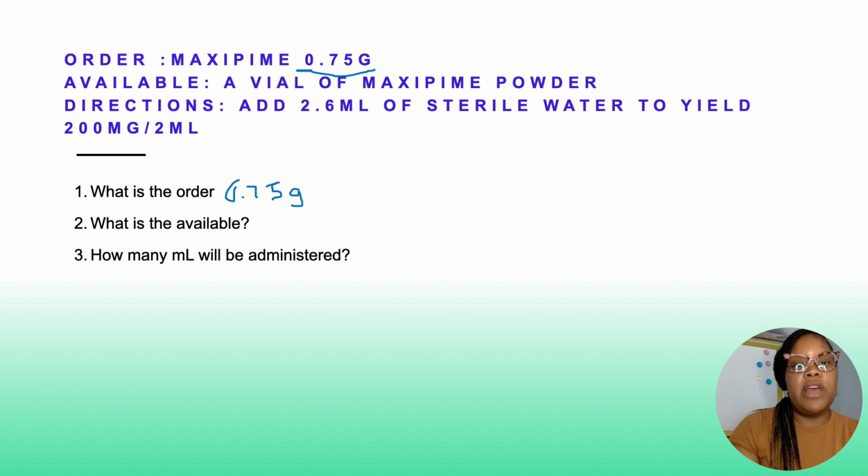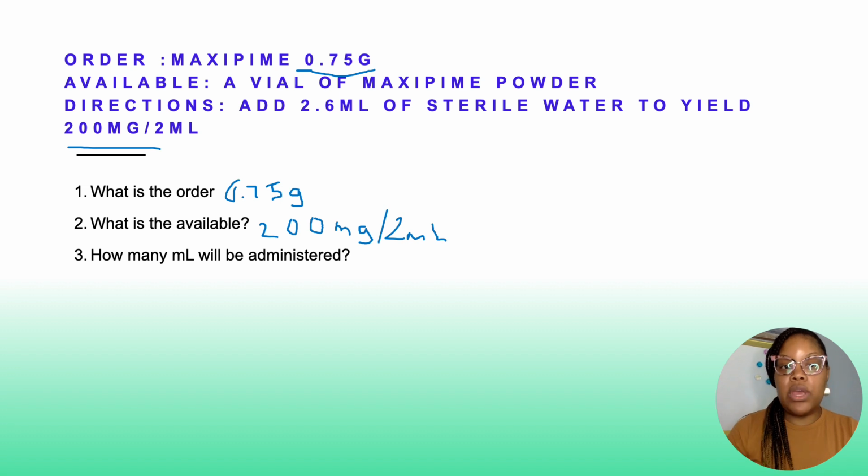What do we have available? 200 mgs per 2 mLs. Remember about those distractions, we don't need them. So now we're ready to see how many mLs we will administer.